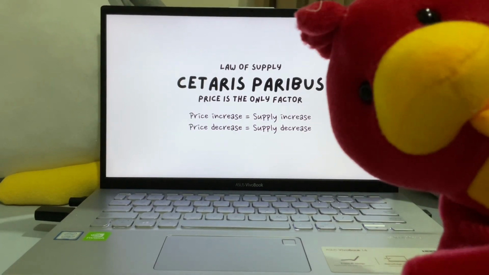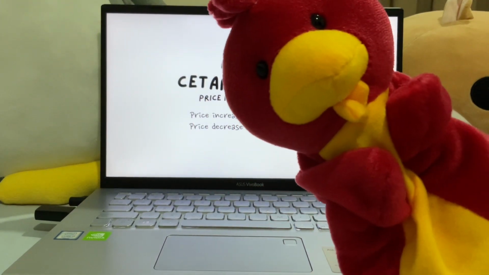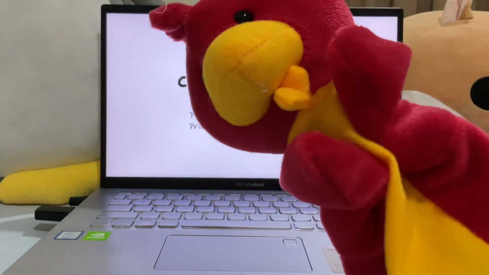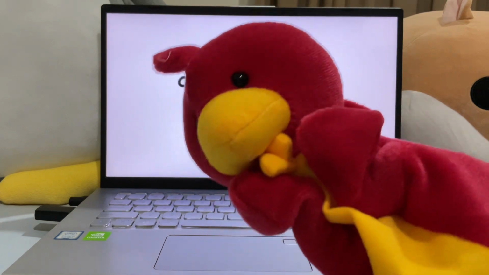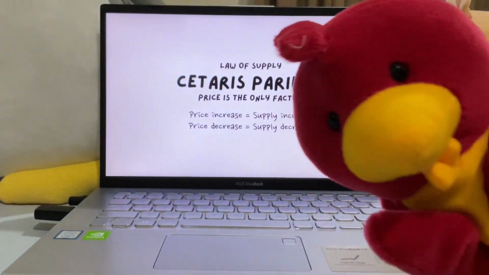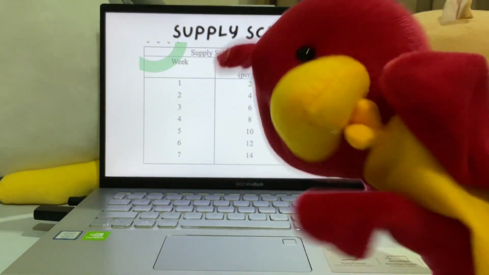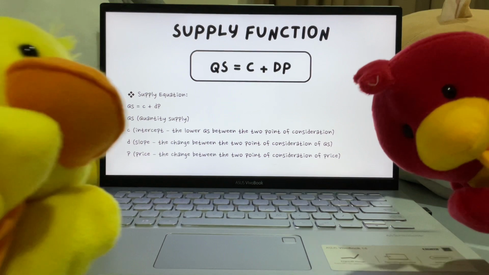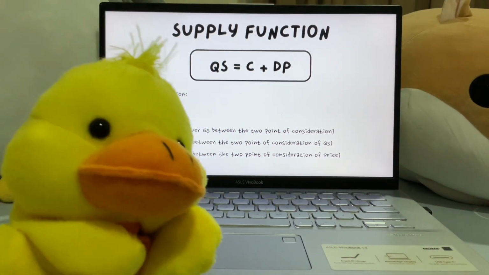Alright. The factors mentioned before significantly influence supply. However, under the assumption of ceteris paribus, the law of supply states that higher prices lead to increased supply and lower prices lead to decreased supply. The law of supply can be shown in 3 ways: through a schedule, a function, and this time it's QS equals C plus DP.